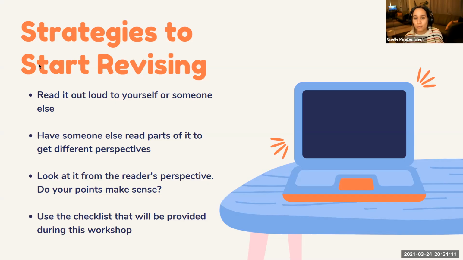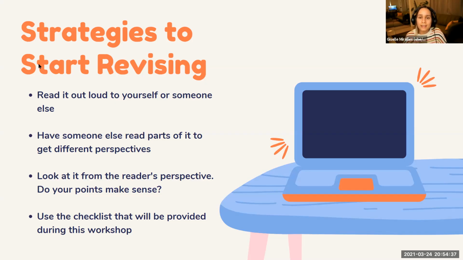People that you can have read your work are friends, your family members, or even a tutor through the Writing Support Center. Another thing you can do is to look at it from the reader's perspective. Do your points make sense? Again, points might make sense to you, but is someone else who doesn't have the same knowledge and background as you going to be able to understand what you're writing?